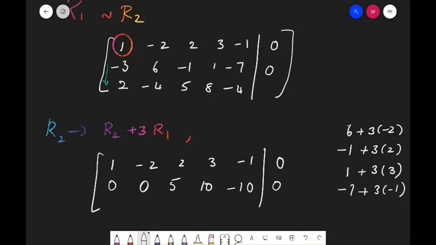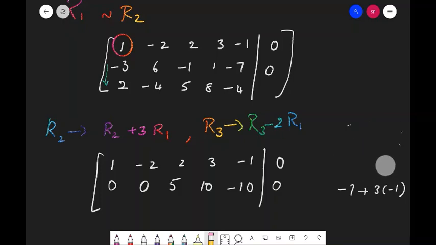For the third row, what is the operation we'll apply? For R3, 2 -2 will be 0, so we'll have R3 -2 R1. If we do this, what do we get here?